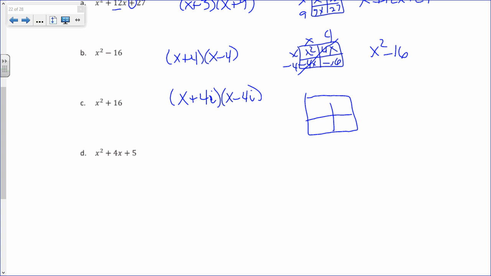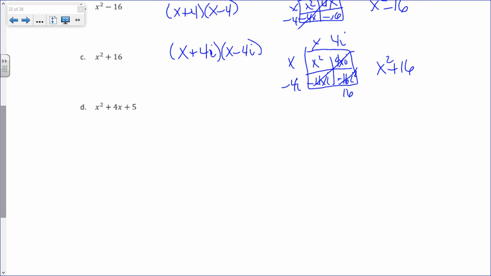Use the box method again. x, 4i, x, minus 4i: x squared, 4xi, negative 4xi, and then this would be negative 16i squared. i squared is negative 1, so negative 1 times negative 16 is plus 16, and then those two are going to cancel each other out, so we have x squared plus 16.